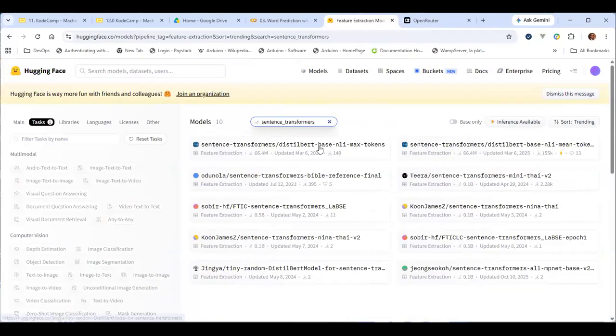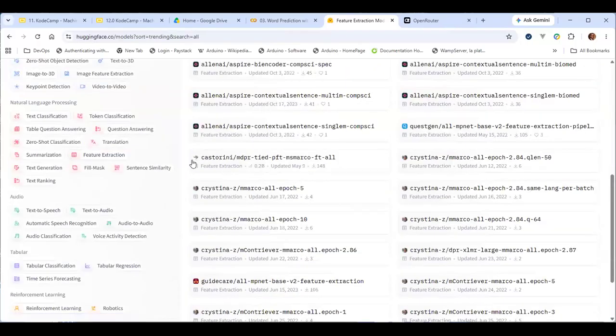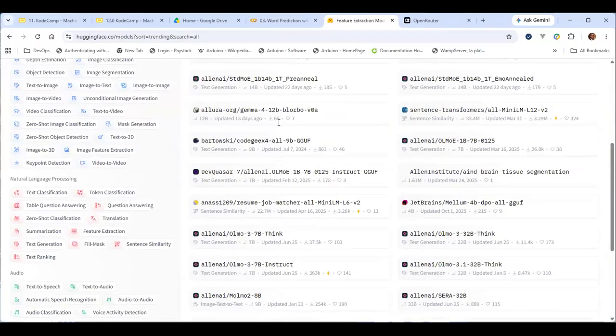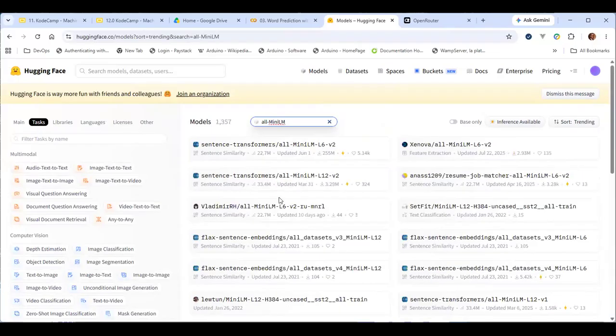So you see a whole lot of sentence embedding models. We have sentence transformer Distilbert, all meaning. You have Xenova all meaning, and you actually have sentence transformer all meaning LM, which is sentence similarity.